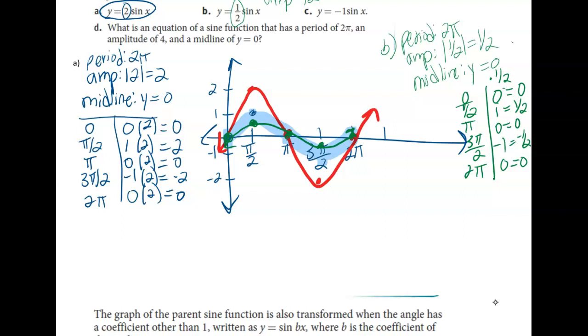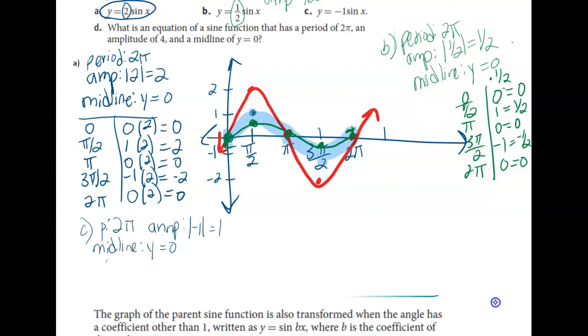And that's going to do the same thing negatives did before. That's going to reflect our graph. So our period, again, is unchanged. Amplitude is still the absolute value, so the amplitude here would be 1. Midline is unchanged.